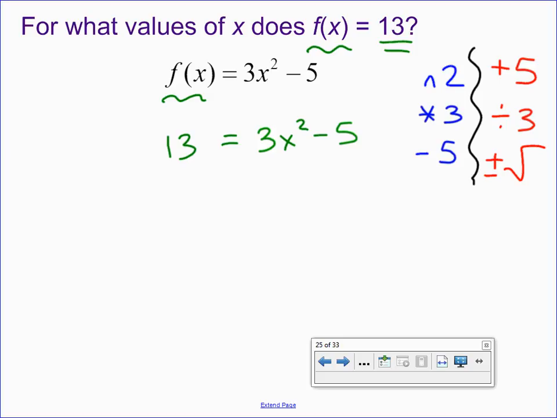Let's do it. First step, add 5 to both sides. Second solving step, divide by 3, both sides.